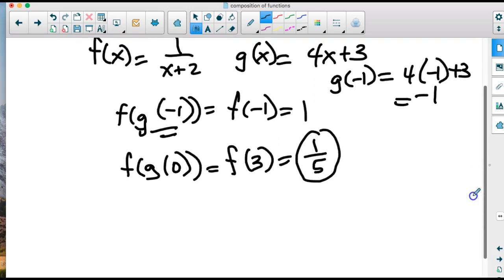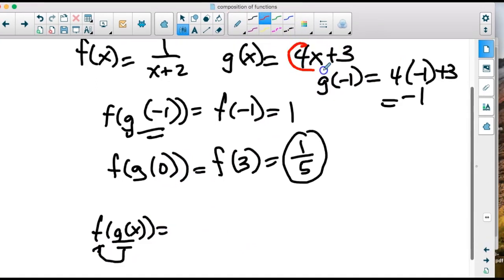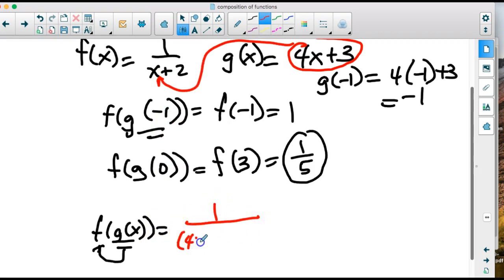function. They may put in f of g of x and ask you to evaluate that. Well, that's just taking the function g and plugging into f. So that takes this function here, the 4x plus 3, and it puts it in for this x value right here. So it plugs into the f of x value, so it's going to be 1 over this 4x plus 3 plus 2.